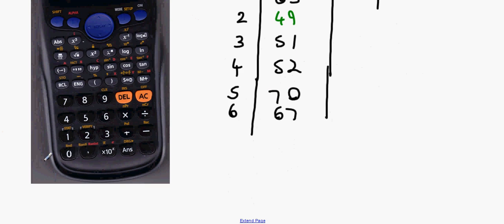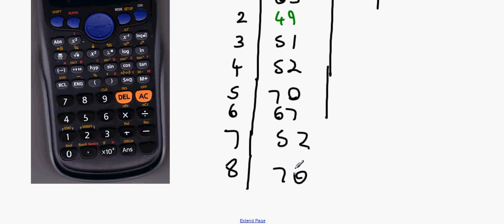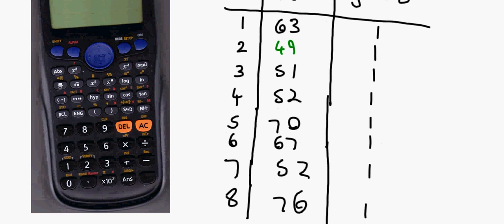You're going to have number 7, which is going to be 52, and the 8th value, which is going to be 76, okay? And then all of the frequencies are going to be 1, because we only have one of each.